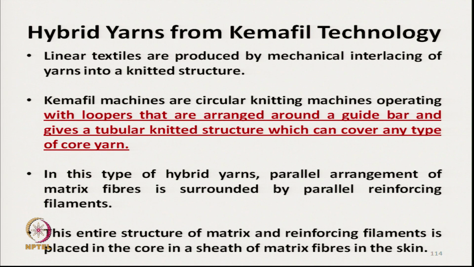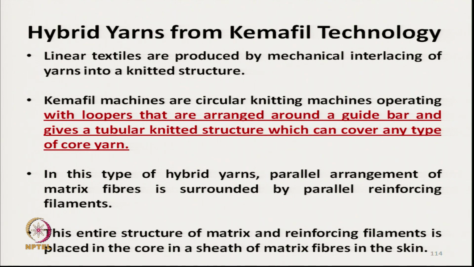Chemophil technology is also available, where it is a circular knitting machine operating with loopers arranged around the guide bar and gives a tubular knitted structure which can cover any type of core yarn.